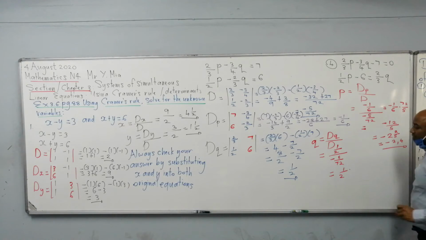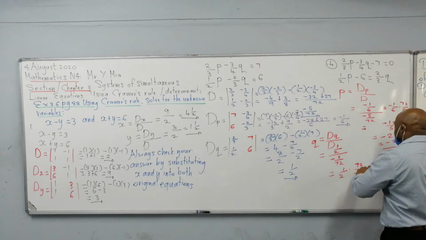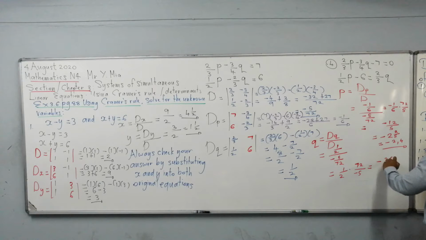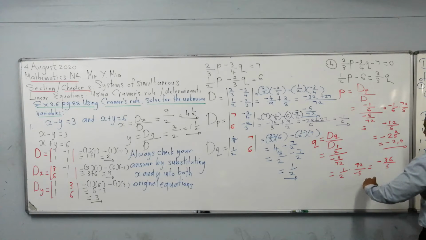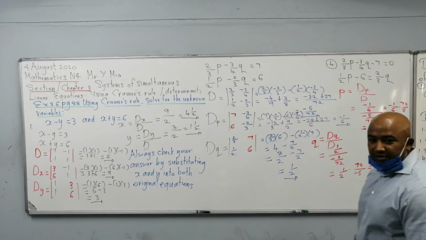So it's the same as 1 over 2, invert and multiply there. 72 divided by minus 5. So that's the same as minus 36 over 5. Which is going to be minus 7 comma 2. So final answers, minus 2 comma 4, minus 7 comma 2.